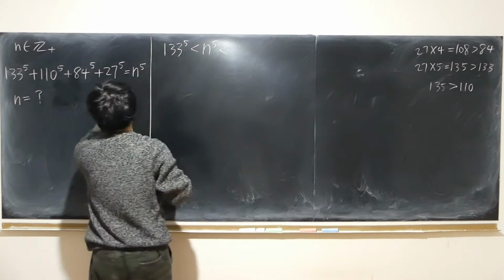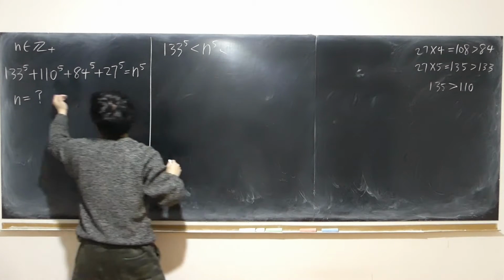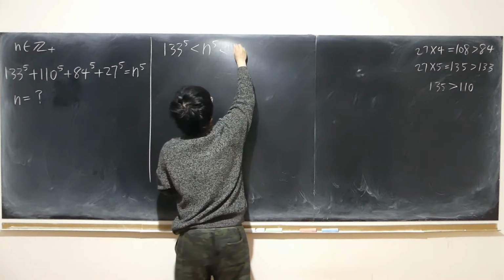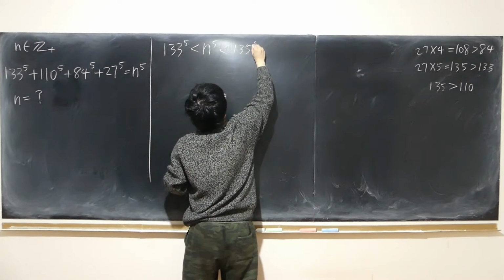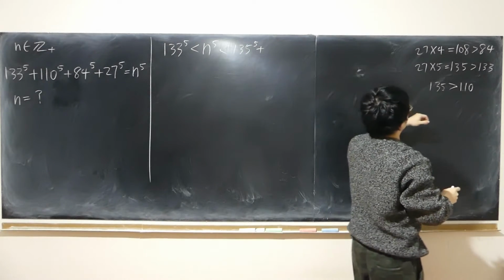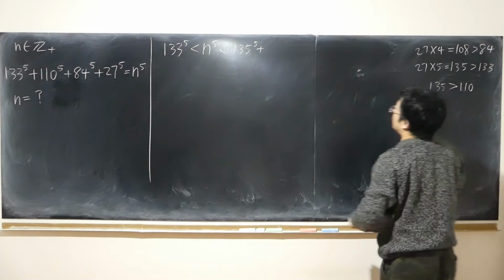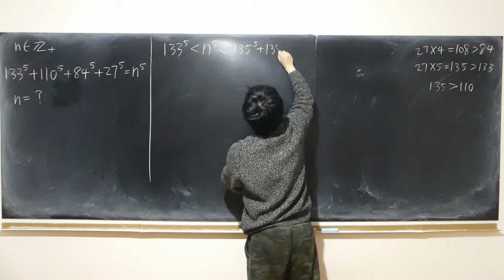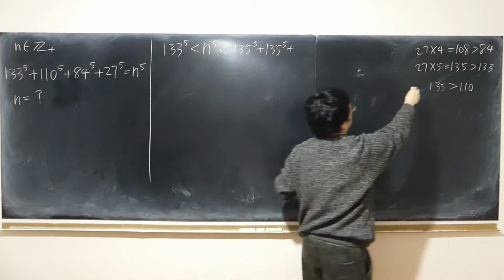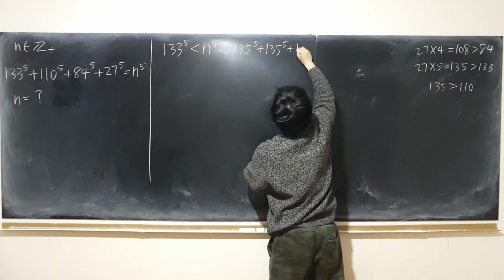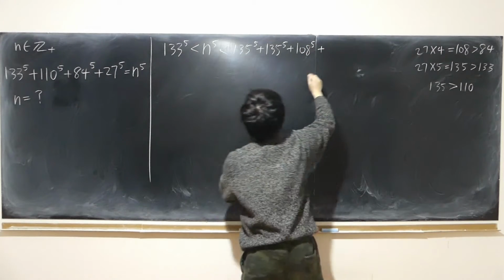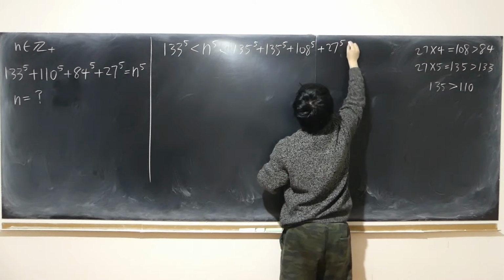So this must be less than: replace 133 with 135, 110 with 135, and 84 with this, 108, to the power of 5. And copy down that.